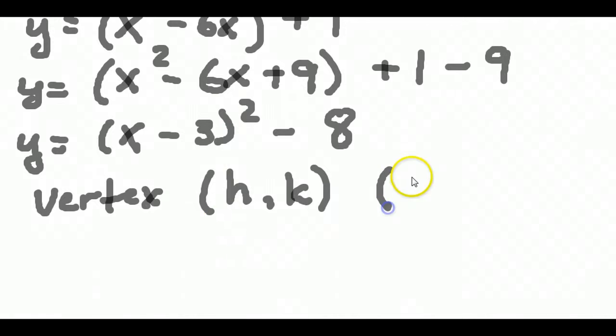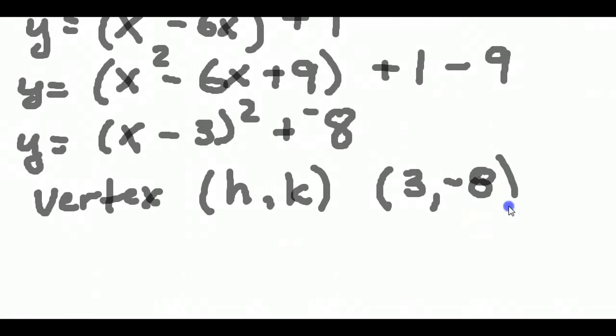So that's how we get open parentheses 3. And the format originally is open x minus h closed squared plus k. So in this instance, it's a minus k, which is the same thing as plus a negative. So that's why it's a negative 8 for our k value. So that's the vertex at 3, negative 8.